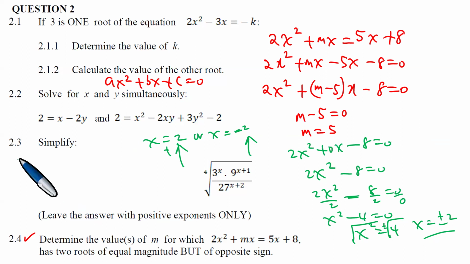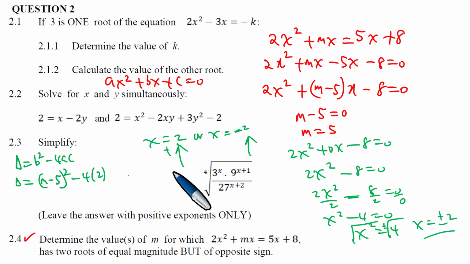For example, the nature of roots would be delta is b squared minus 4ac. Because it's already in standard form, b is m minus 5, minus 4a, which is 2, and c is minus 8. Giving us the discriminant equals exactly m squared minus 10m plus 25 plus 64.